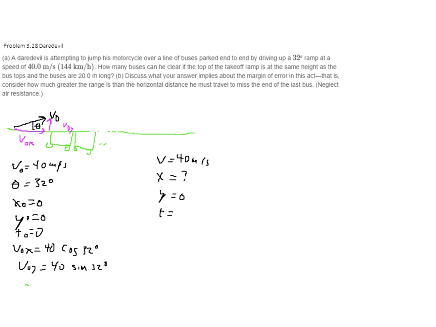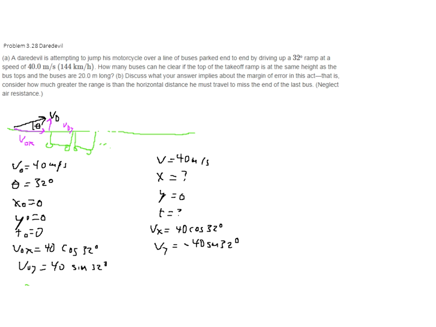Y equals 0. T equals, we don't know. And we know that V final X is 40 times the cosine of 32 degrees. And we know that V final Y is going to equal negative 40 times the sine of 32 degrees. Because initially the Y vector is pointing up, but then on the way down, the Y vector is pointing down.